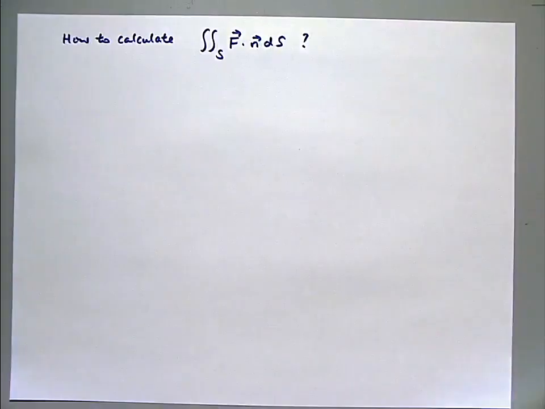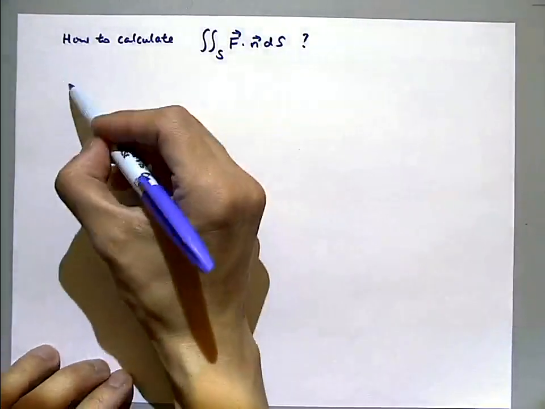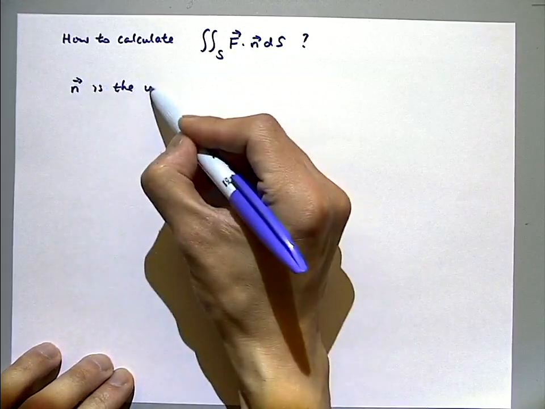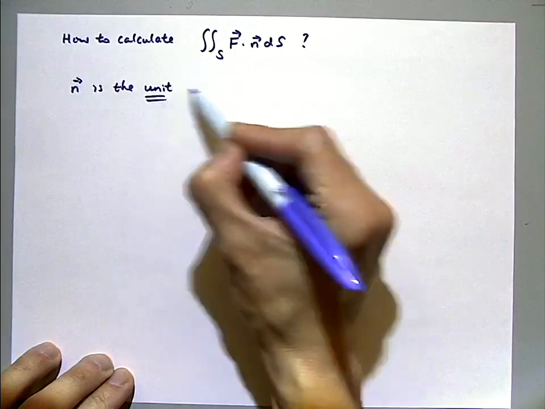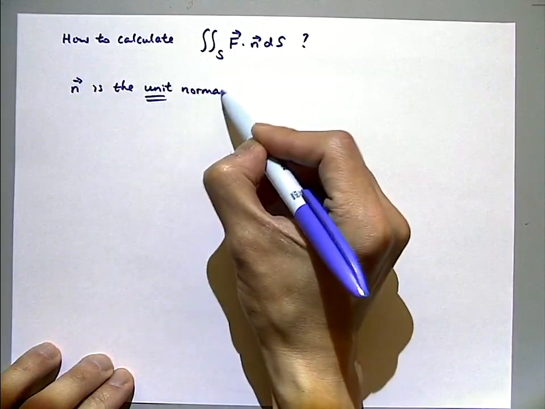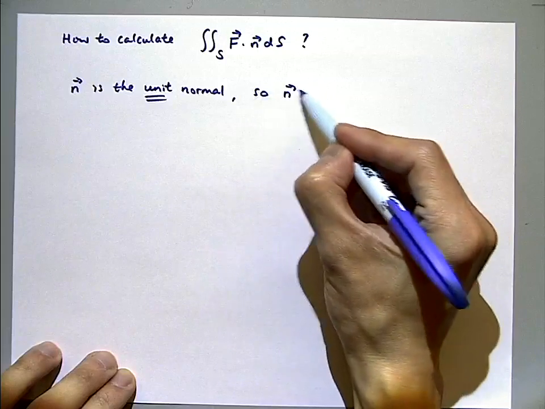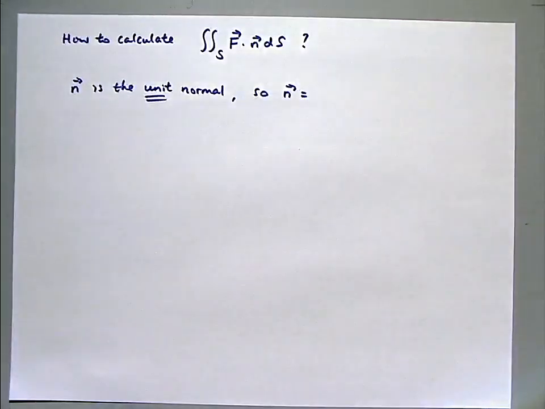So how do we actually calculate that? Remember that n is the unit normal. So that means that this n vector, to get a normal vector, you do Ru cross Rv.